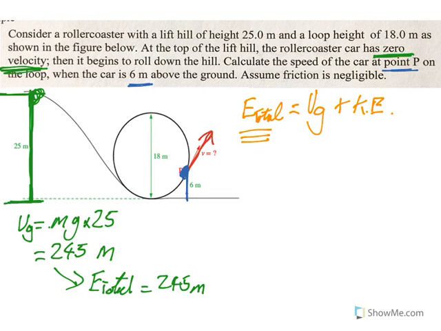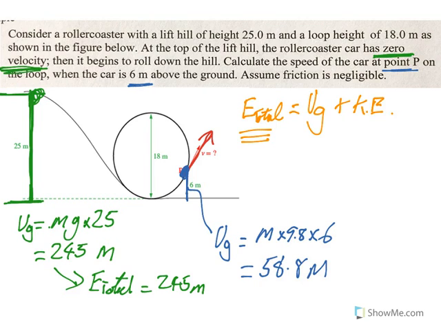What else do we know? We know here that the gravitational is m times g, which is 9.8, times that height, which is 6. So 6 times 9.8, we get 58.8 m.